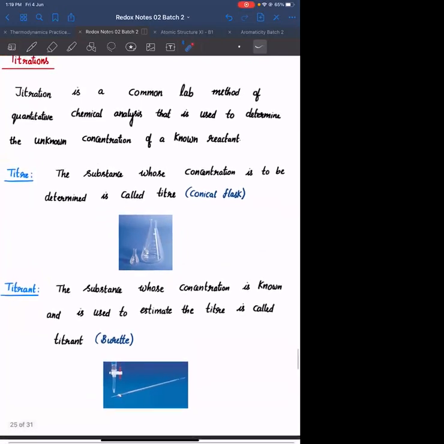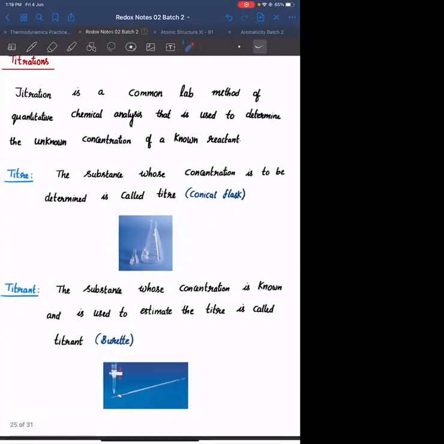What is the purpose of titration? The purpose of titration is to find the unknown concentration of some reactant with the help of known concentration of another reactant. Okay. In this particular chapter, this is redox, right? So in this case, one reactant will be the oxidizing agent and the other will be the reducing agent.